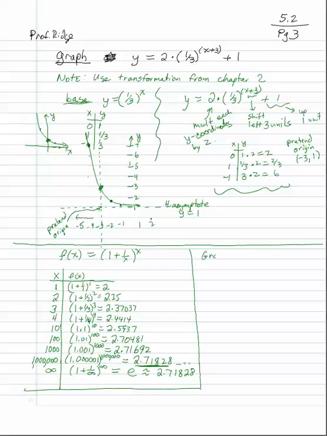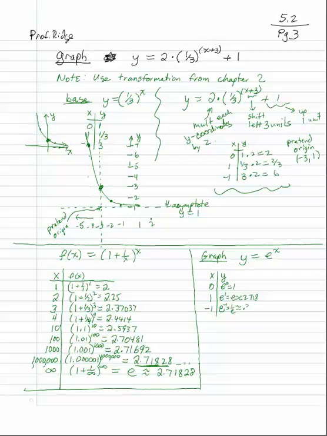So if I asked you to graph y equals e to the x, do the 3 points: 0, 1, negative 1. E to the 0 is 1. E to the 1 is e, which we just said is about 2.718. And e to the negative 1 is 1 over e, which is about 0.368.